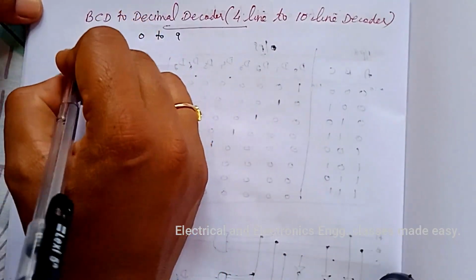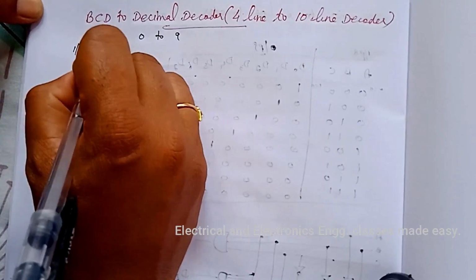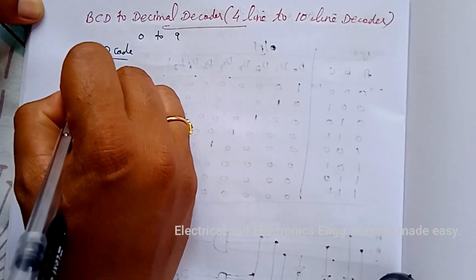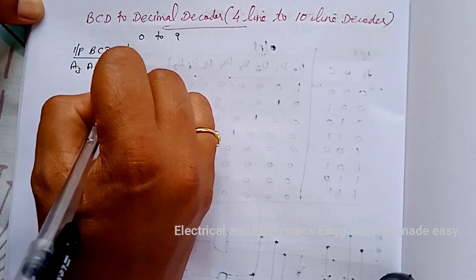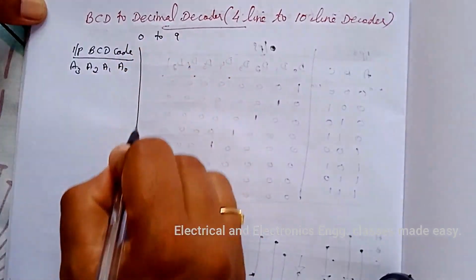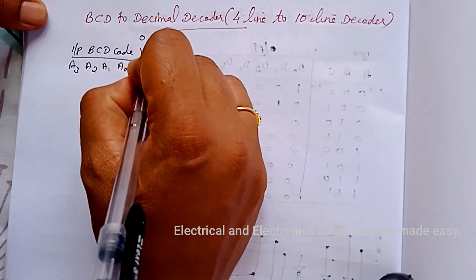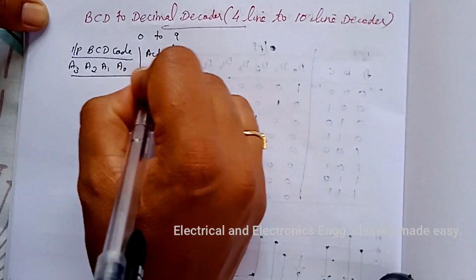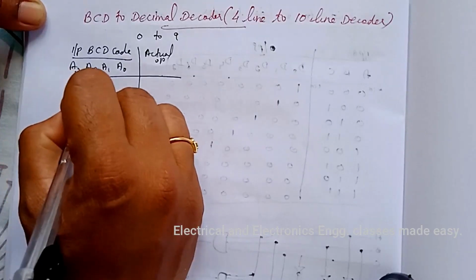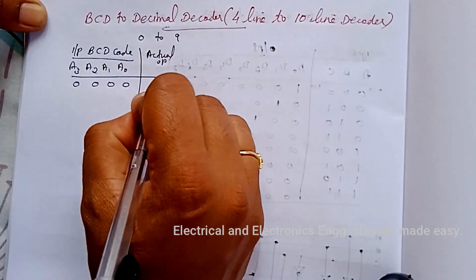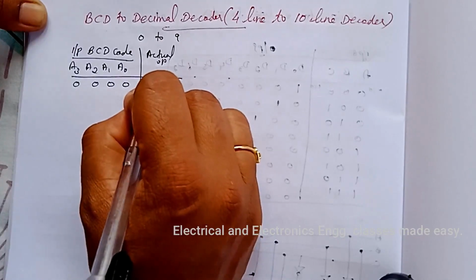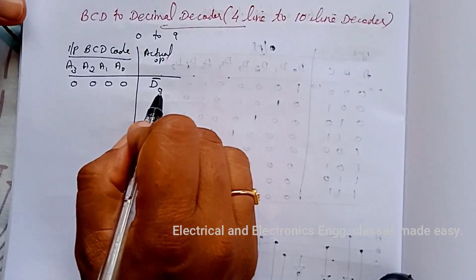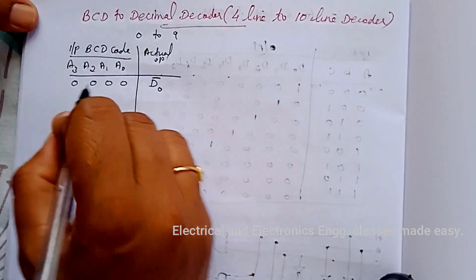And we can draw the truth table, that is the input BCD code. Let A3, A2, A1, A0 be the inputs and output. For the combination 0 0 0 0, let the output be D0 bar. That is, here we use active low notation for the output.